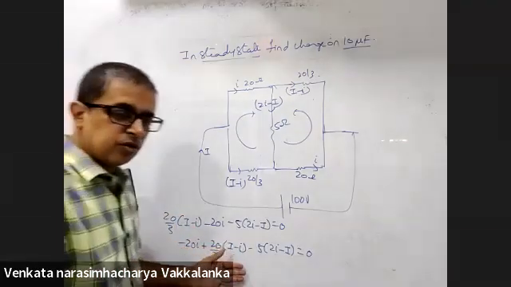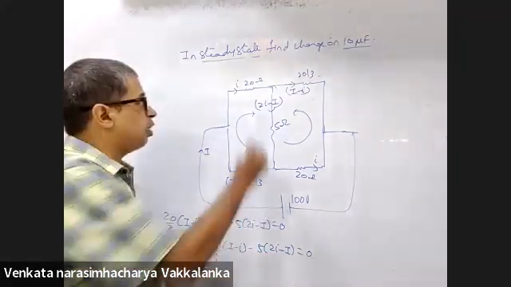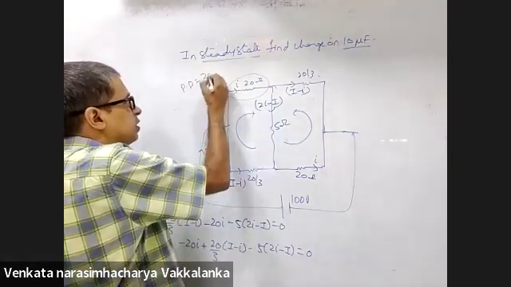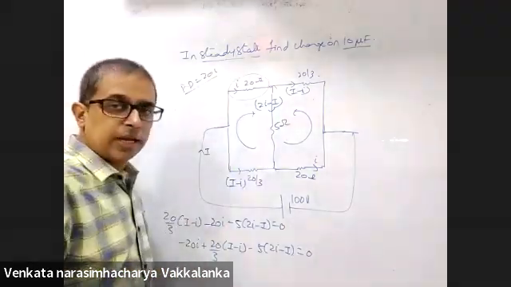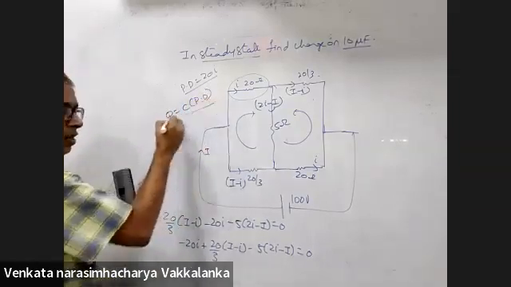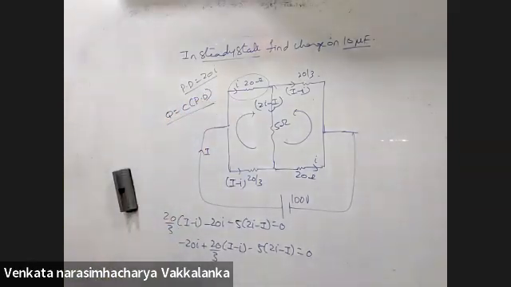Two equations, two variables, find small i. Once I get small i, potential difference is equal to 20 into small i. Q will be equal to C into the potential difference, CV.